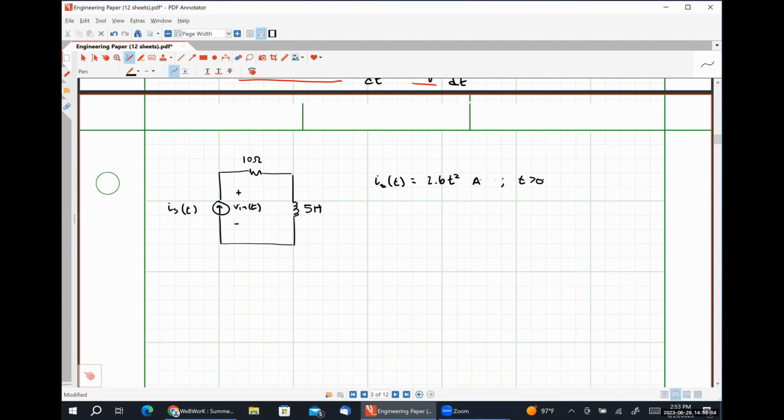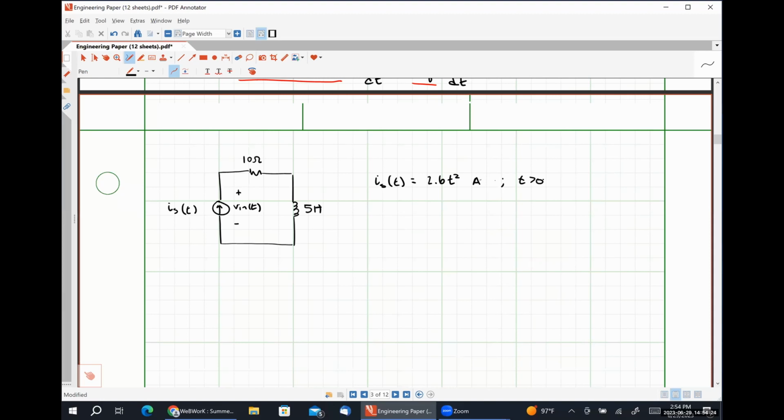Okay. So before I go into this, does anybody have any thoughts about how we might approach this? Would we start by taking the derivative of Is?